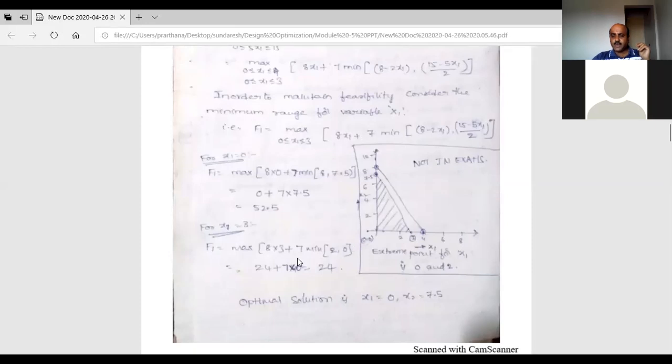So 8 into 3 plus 7 times the minimum of 2 comma 0. Minimum of 2 comma 0, we are going to take 0 only. So when you put x1 is equal to 3, you are going to get 24.